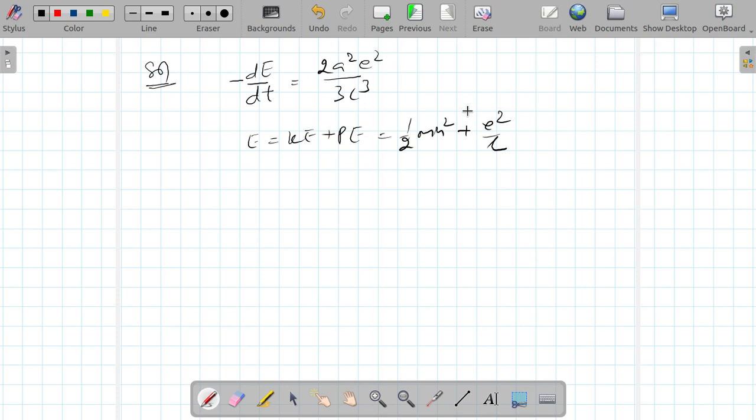The negative sign is there, right? Now for circular motion, a is the centripetal acceleration.